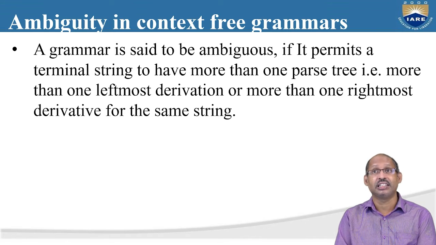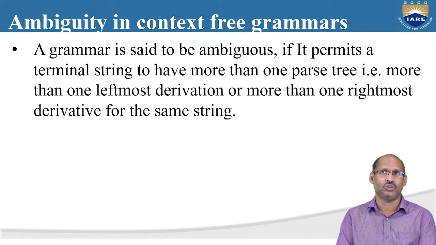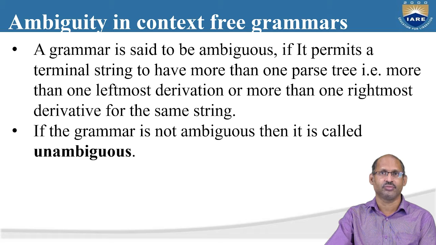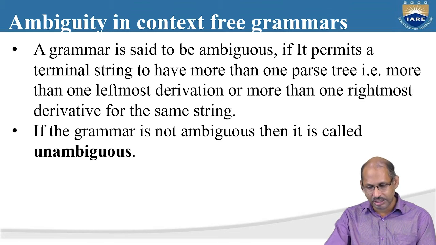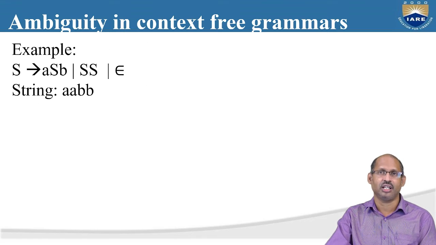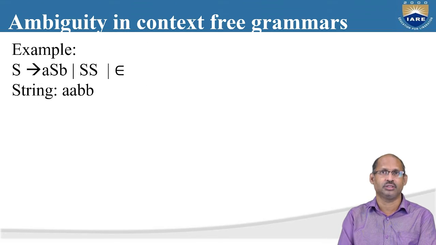A grammar is ambiguous if it permits a terminal string to have more than one parse tree, more than one leftmost derivation, or more than one rightmost derivation. If the grammar is not ambiguous, then we say the grammar is unambiguous.